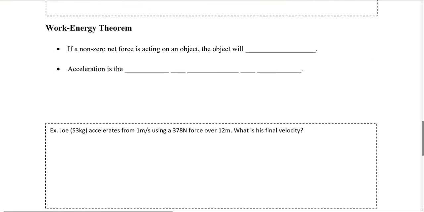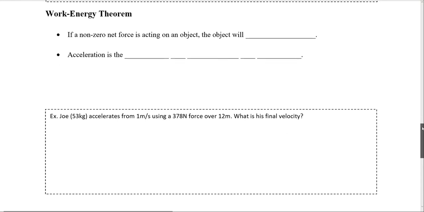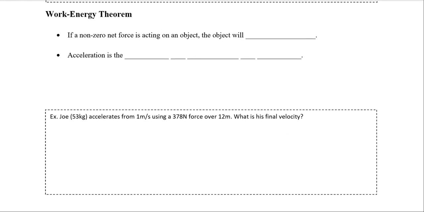One last thing is something called the Work-Energy Theorem. The Work-Energy Theorem is about stating some of the things that we know and turning it into relations with work and energy. So we know that if there's a non-zero net force acting on an object, that object will accelerate. And we know acceleration is the rate of change of velocity.